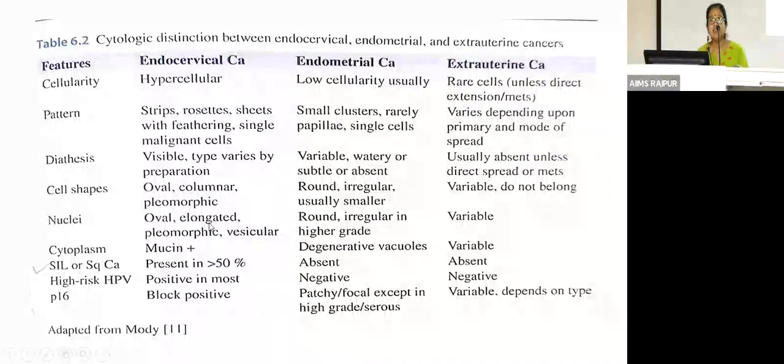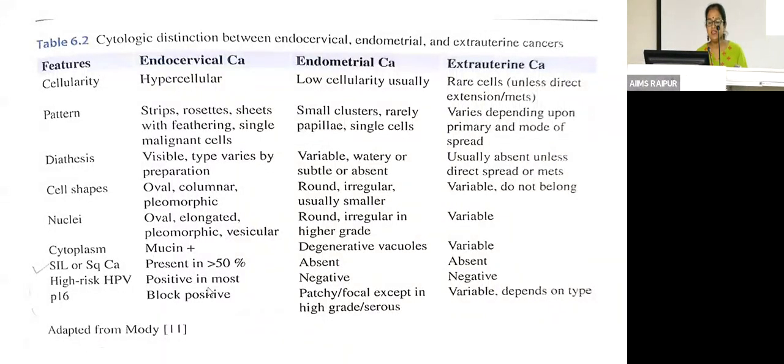The nuclei are elongated to oval compared to endometrial and extrauterine carcinomas, but this can be variable. Then we look at coexistent squamous intraepithelial lesions. These are present in 50% of endocervical carcinoma. So if a squamous lesion is there and a glandular abnormality is there, think of endocervical origin, endocervical adenocarcinoma.